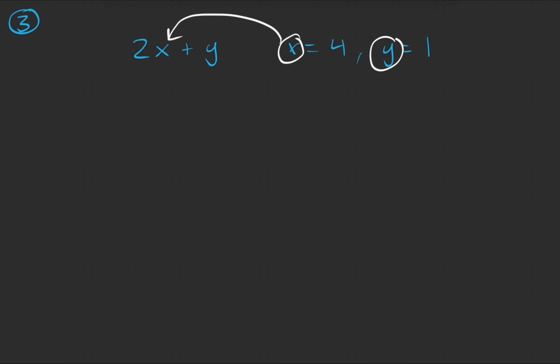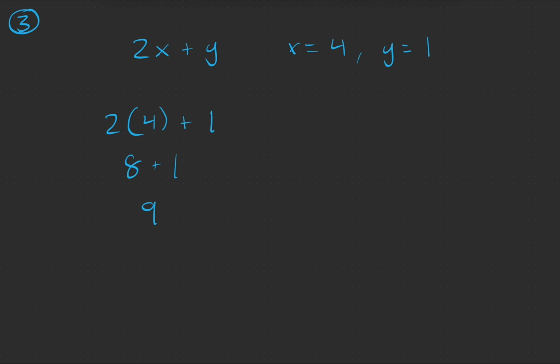You take your value of y, you also plug that into the expression, and then you simplify. So in our case, we're going to take 2 times our value of x, which in this case was 4, plus our value of y, which is 1. Using PEMDAS, we do the multiplication first, so we get 8 plus 1, which gives us 9. So this expression with 2 variables evaluated to 9.